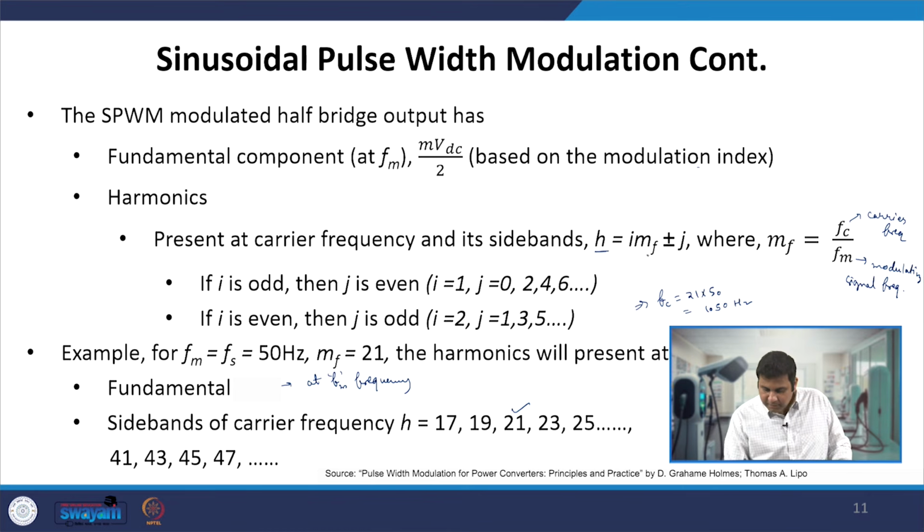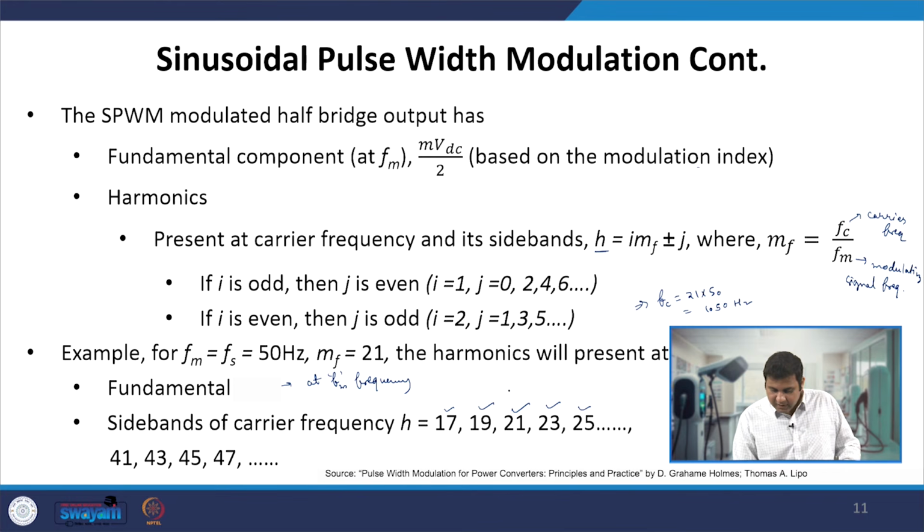Then we keep I equal to 1 and J equal to 2. So we will have 21 plus minus 2, which means 23 and 19. And then when we keep I equal to 1 and J plus minus 4, it is 25 and 17.